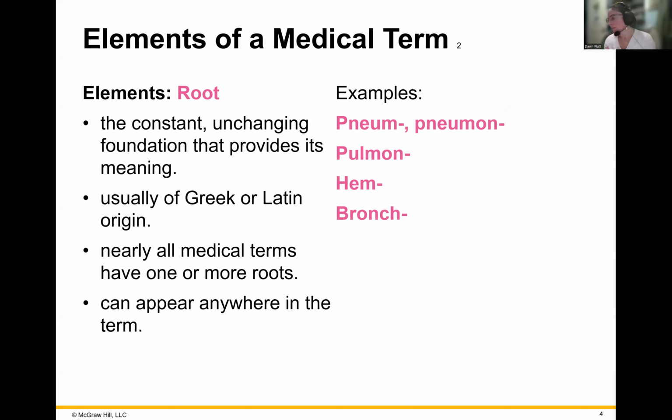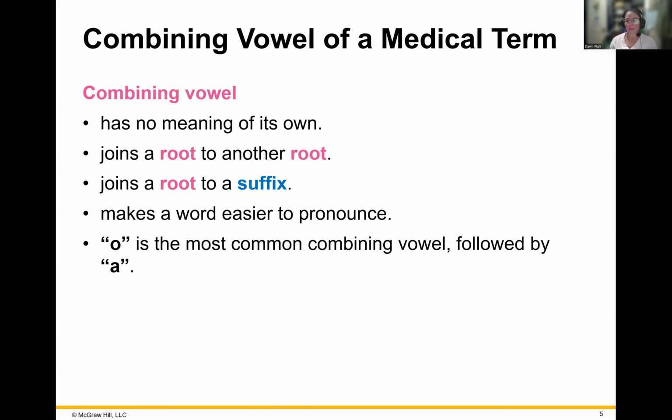Pulmon means breathing or lung. Heme means blood, and bronch means the bronchus. So here, most of it is talking about the lungs.